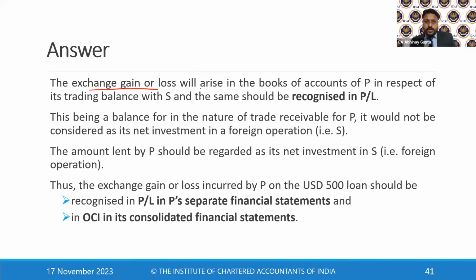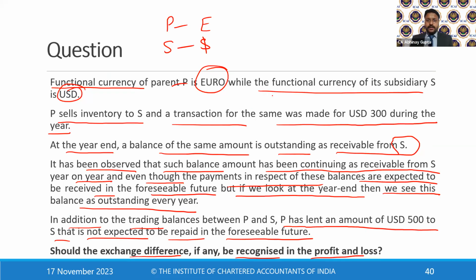Now, the exchange gain or loss will arise in the books of P in respect of the trading balance with S, and the same should be recognized in the P&L. Now, why in the books of the parent? Because the transaction is happening in US dollar, right? And the parent's functional currency is euro.